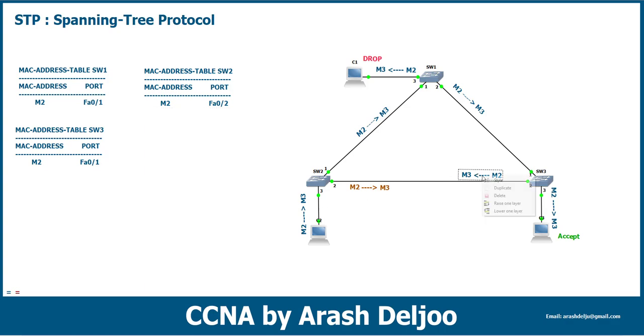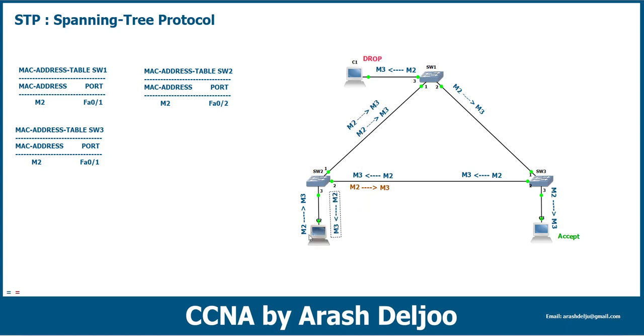After that, you know that again we should flood this frame. For example, when we are receiving the frame to destination of MAC3, again in the MAC address table of switch 2, we don't have this entry. We need to flood it to the computer 2, okay, and also again to, for example, switch 1.